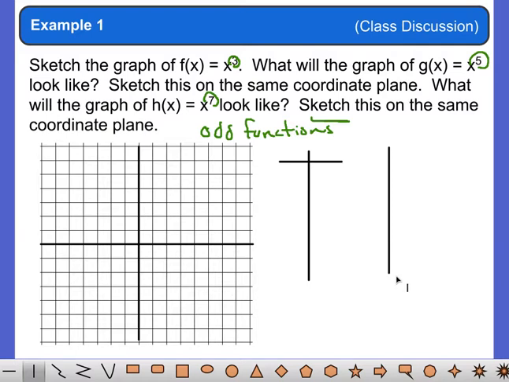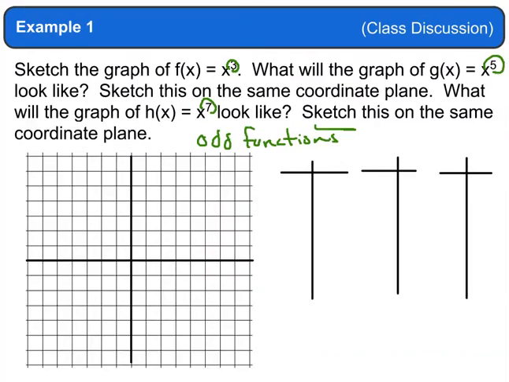We can do another table and a third table, put them all on there at one time. So we'll have x, and then y is going to equal x to the third. So for that one, that would be -2, -8; -1, -1; 0, 0; 1, 1; and 2, 8.